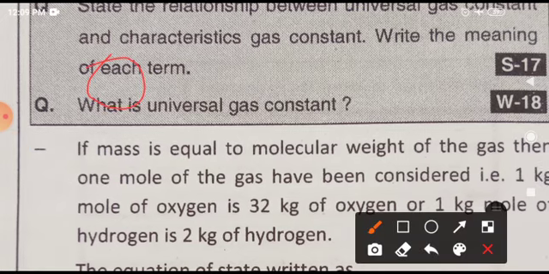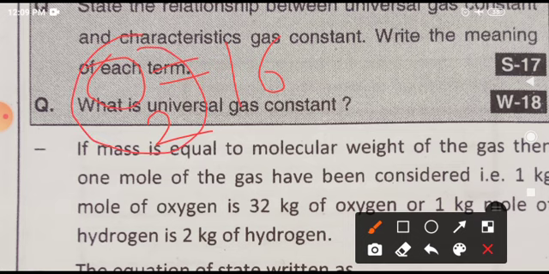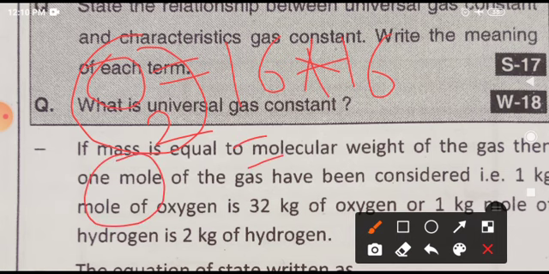The molar mass of oxygen is equal to 16. But its compound is what? O2. That means O2 is 16 plus 16, which gives 32. That means the oxygen compound has its molar mass equal to 32 atomic mass unit, AMU.